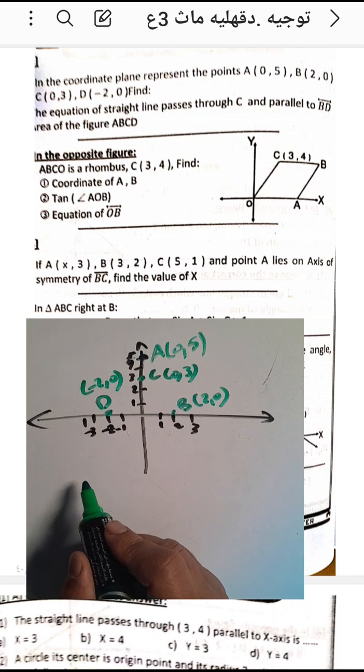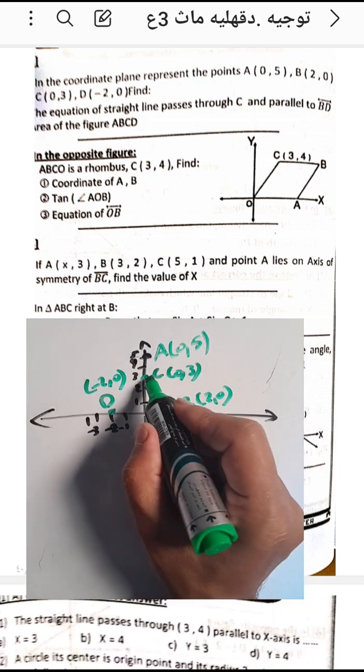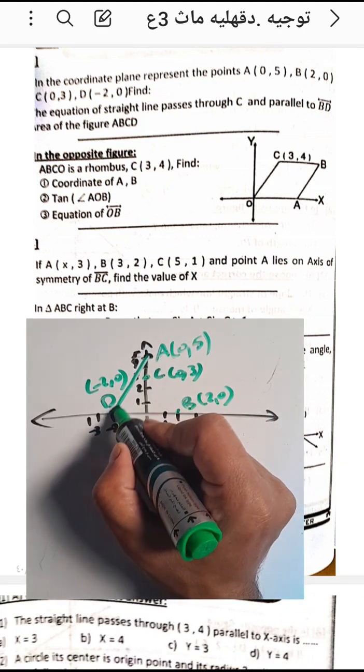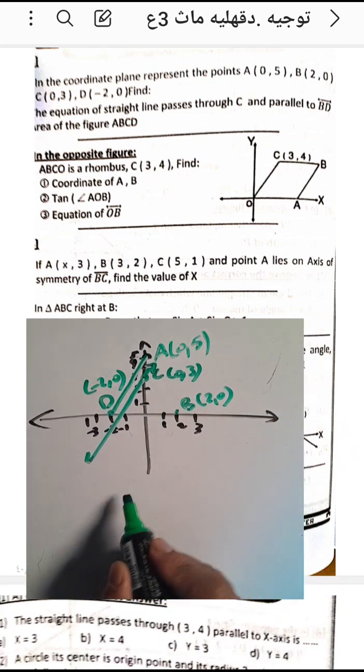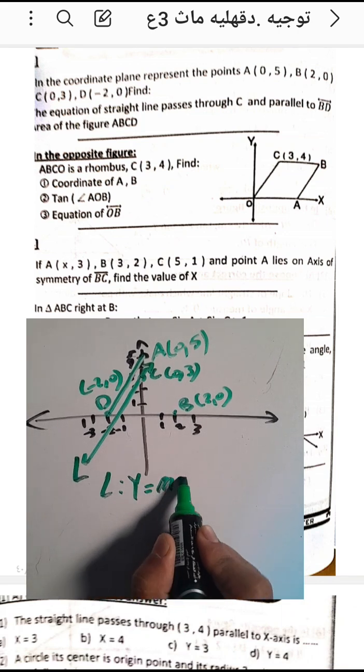The equation of the straight line passing through the point C and parallel to BD. We have BD here and we want to find the straight line passing through the point C. I will put L such that y equals mx plus constant.